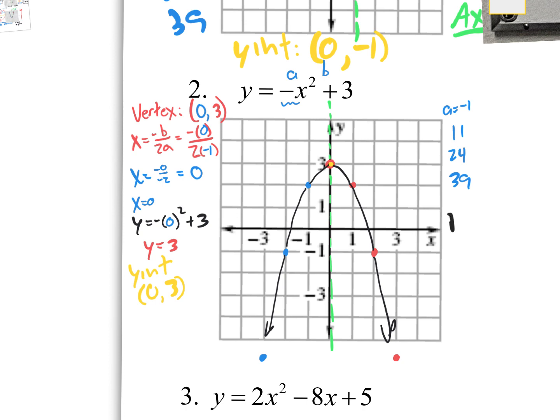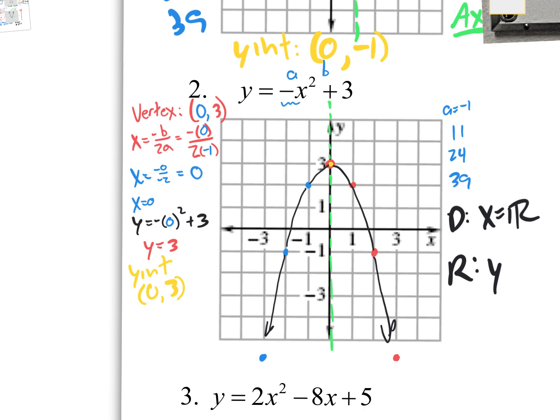The domain and range. The domain, x equals all real numbers. Any parabola is going to have the domain x equals all real numbers. The range is y is what? Y is above a certain y value or at a value and below. It's below, so it'd be y is less than or equal to 3. So this parabola reaches up to the y value, the max height of 3, and then it comes back down.